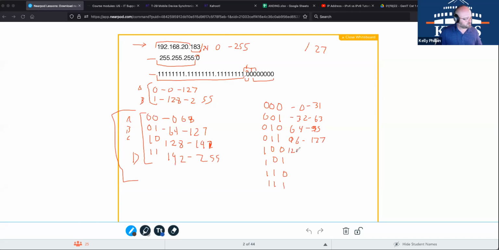128 to 159, 160 to 191, 192 to 223, 224 to 255.